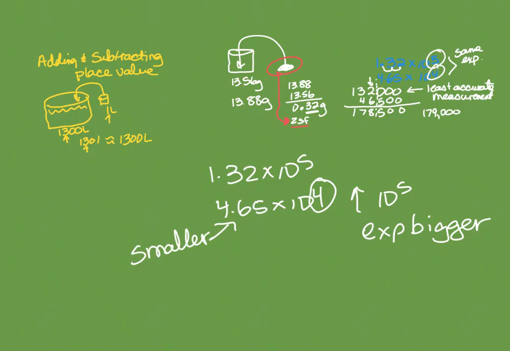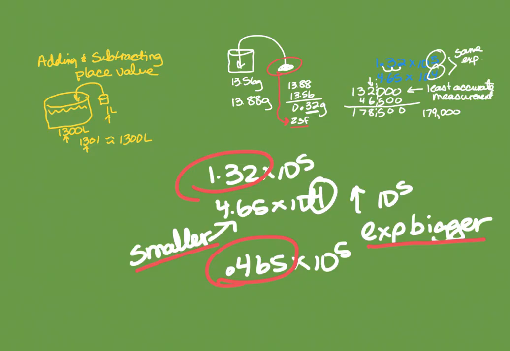So they kind of go the opposite. So this is 0.465 times 10 to the 5th. And then all you have to do is add these two parts. If you make the exponent bigger, you make the number in front smaller. Then you can do the regular adding, and you'll get 1.79 times 10 to the 5th.